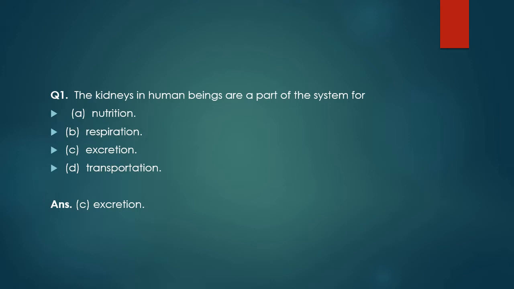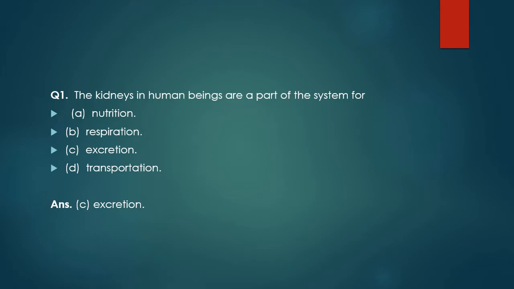Already you got the note regarding that also. So not nutrition, option A. Regarding nutrition, the digestive system is more related. In respiration, which system is related? Our lungs, the respiratory system, with the alveoli and the trachea.